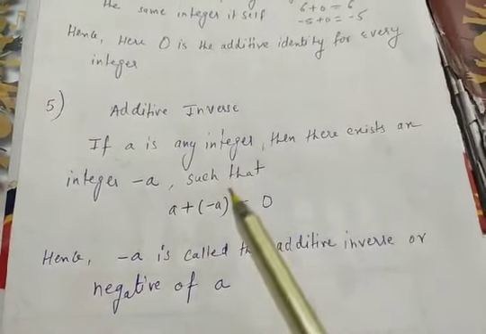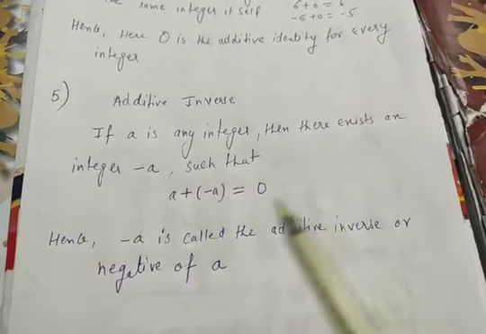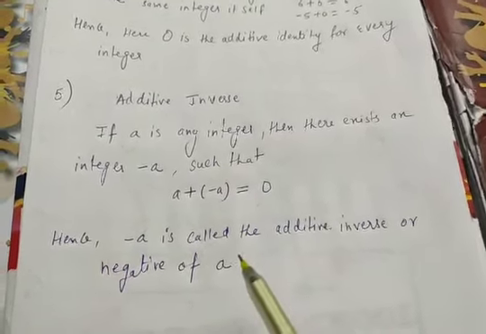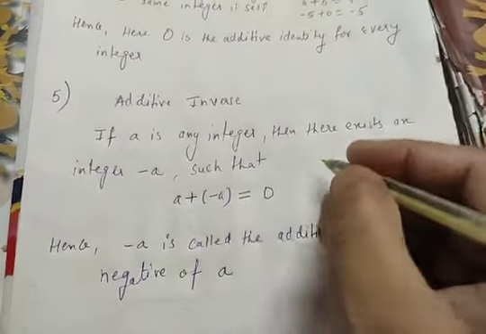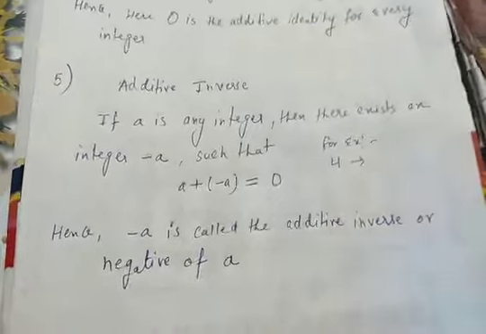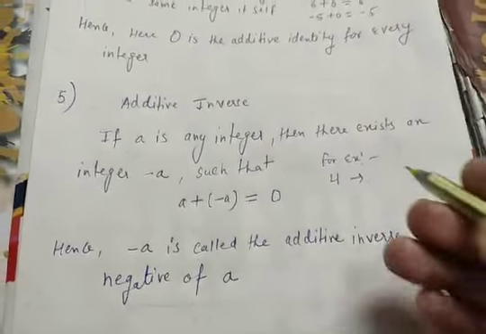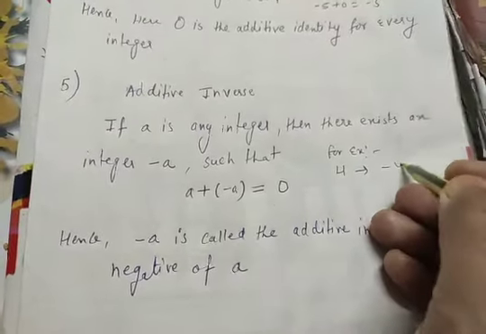So basically what I want to say is that minus A is called the additive inverse or the negative of A. With the example it will be clear. For example, if a number is 4, what is the additive inverse of 4? Additive inverse, or I can say the negative of 4, that means minus 4.